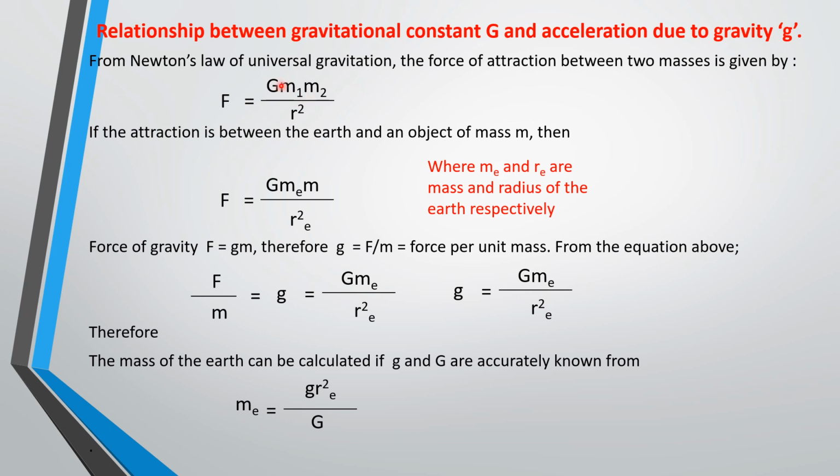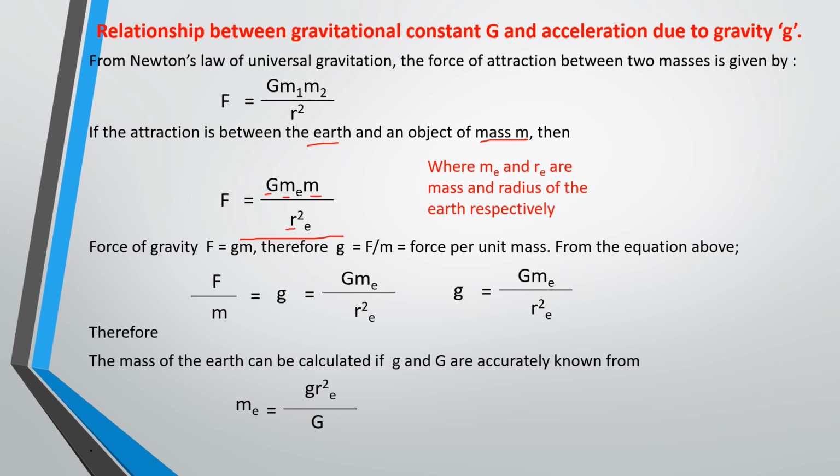So these are the two masses, this is the universal gravitational constant, and that is the distance between them. This is what we had from our initial discussion. If the attraction is between the earth and a mass, then the equation will now be this. This is the mass of the earth and this is the mass of the object. Then this is the universal gravitational constant and this is the radius of the earth.